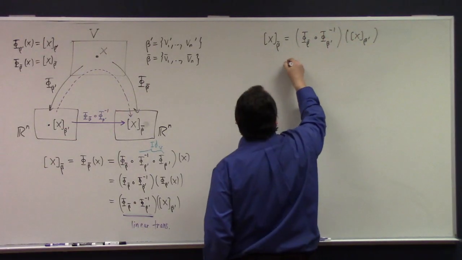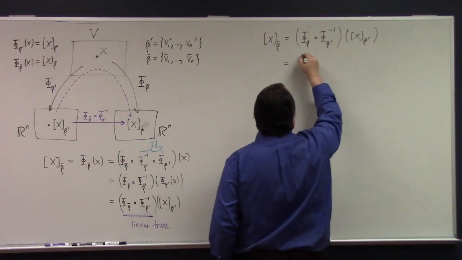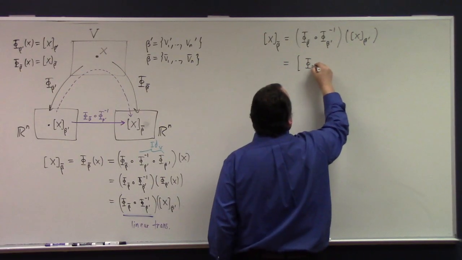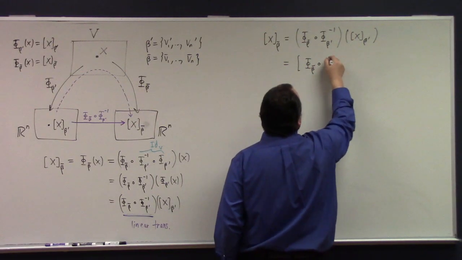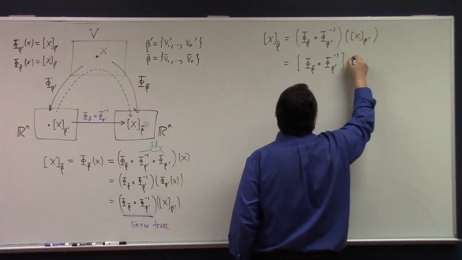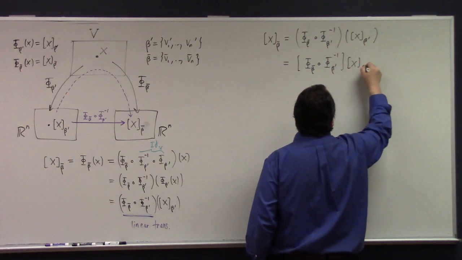But this is a linear transformation, which means we can write that as a standard matrix. That's really just the standard matrix of phi beta bar composed with phi beta prime inverse multiplying the coordinate vector.